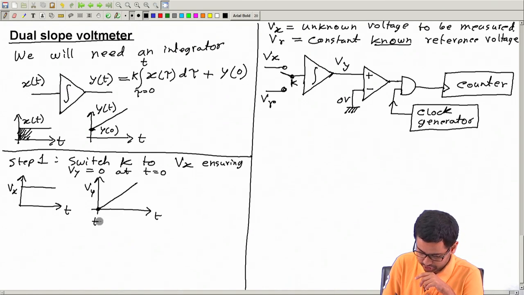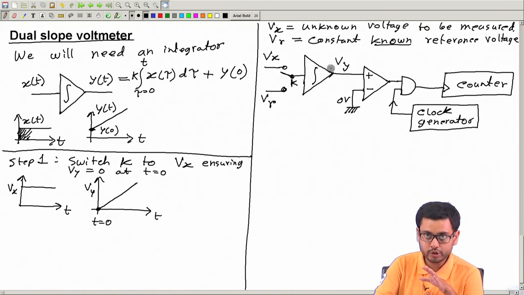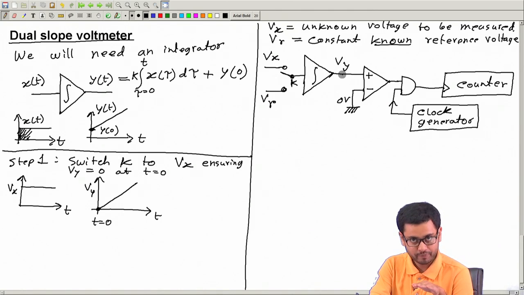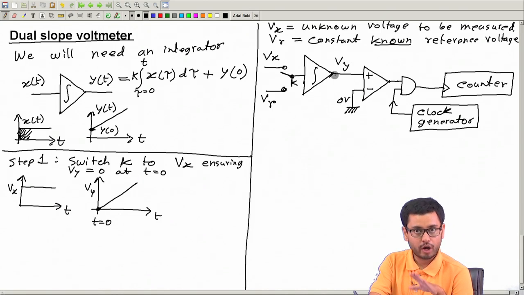We first somehow ensure that the output of the integrator is 0. Then we connect the input to Vx. Therefore, the output will now start to grow from a value of 0 to some value.